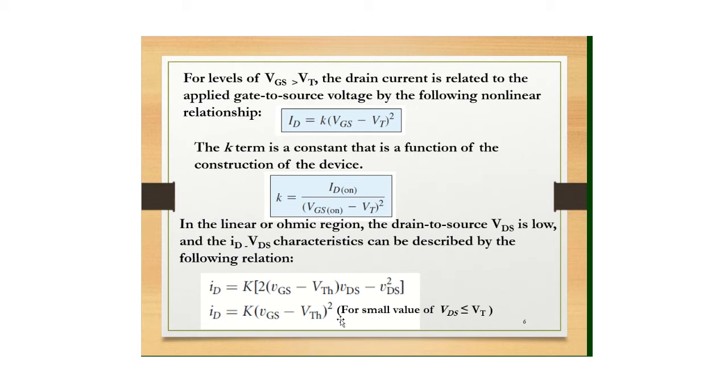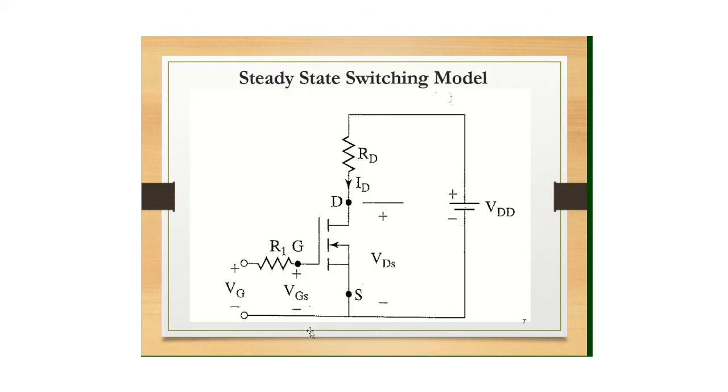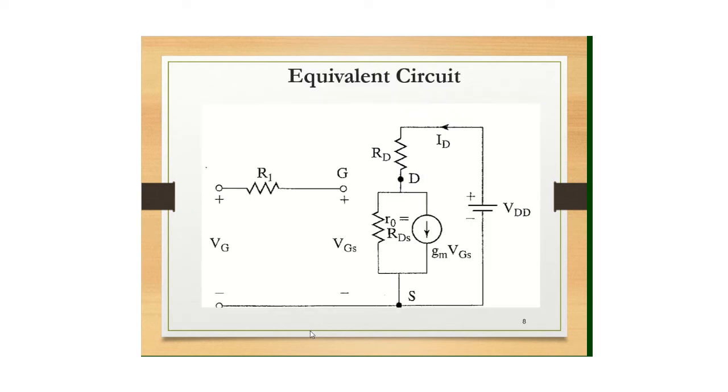So for very small values of VDS, that is drain to source voltage, when it is less than the threshold voltage, then the minimum drain current we can get would be given by this relation: ID is equal to K times square of VGS minus VT. The steady state model for both the depletion type and the enhancement type is shown in this figure. The steady state model and its equivalent circuit is given here.